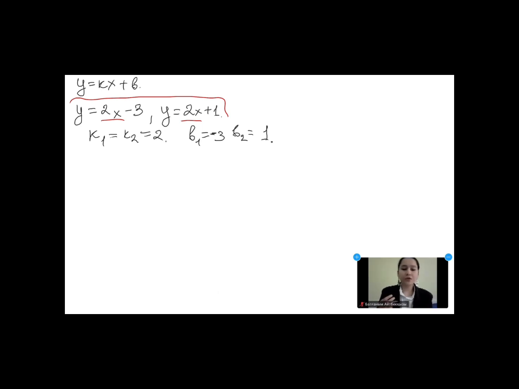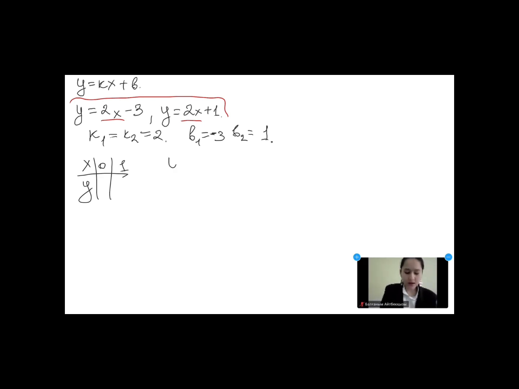First, we give only two values to the given function in the table. Let's write the table here, x, y. To draw a line in the coordinate plane, it is better to draw only two of its points. 0 and 1 are the easiest.